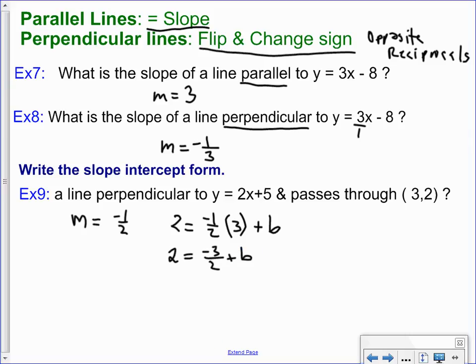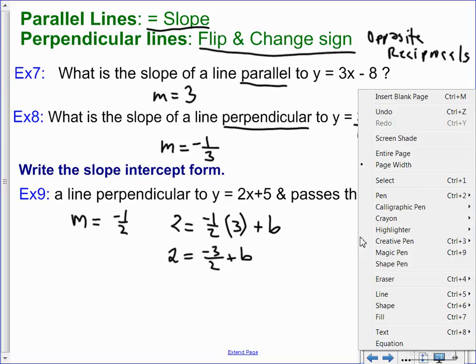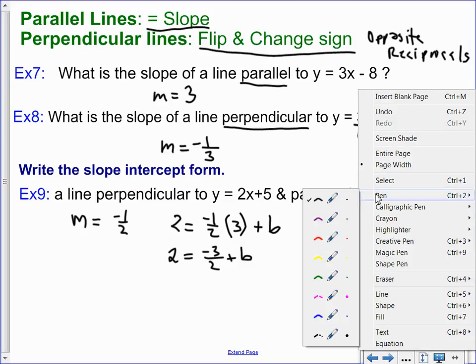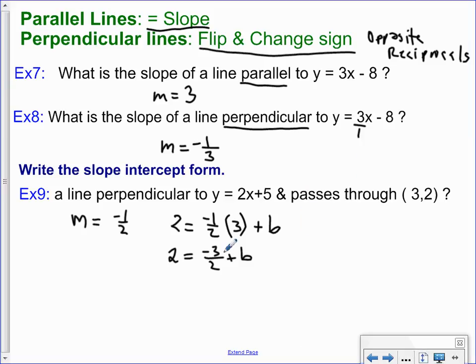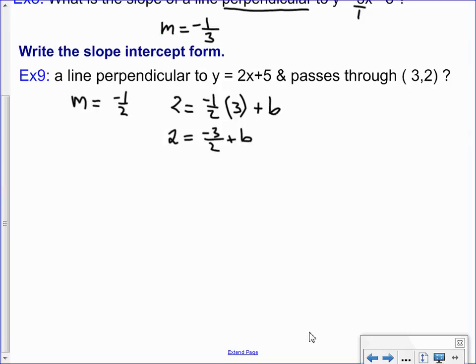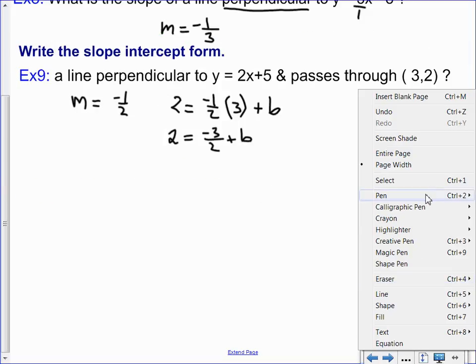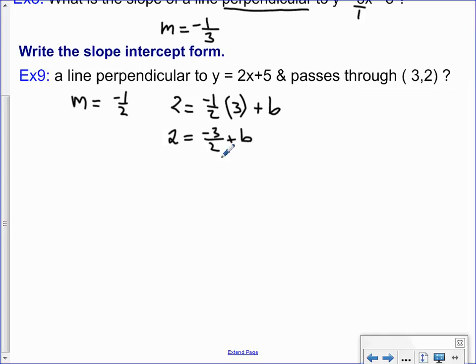What do you want to do? Do you want me to multiply by 2? I like getting rid of the denominators.